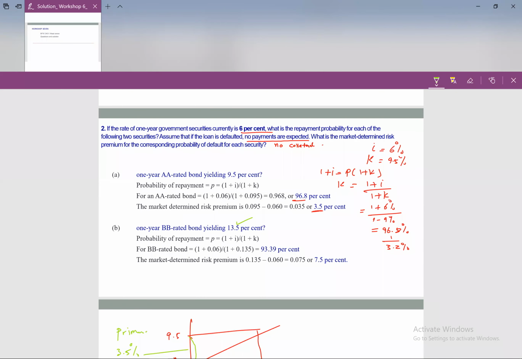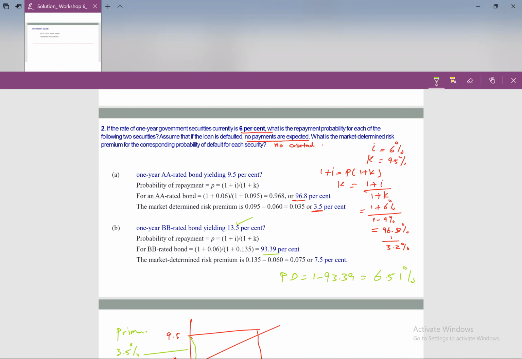We calculate and we find the probability of payment is 93, which means the probability of defaulting is how much? 1 minus 93.49, which is actually 6.51%. Okay, probability of defaulting.